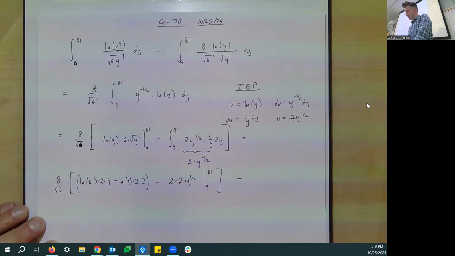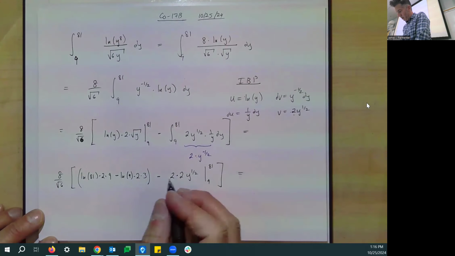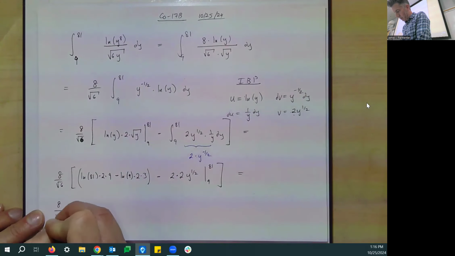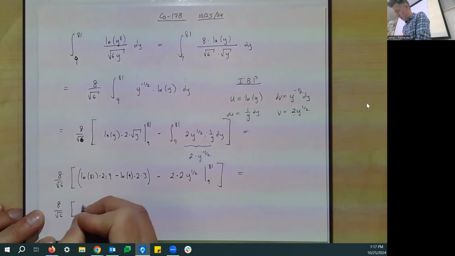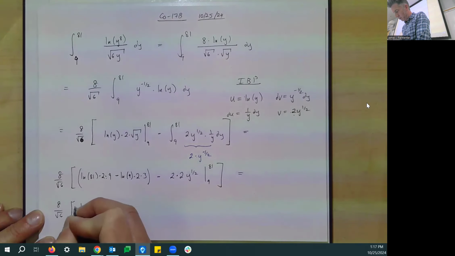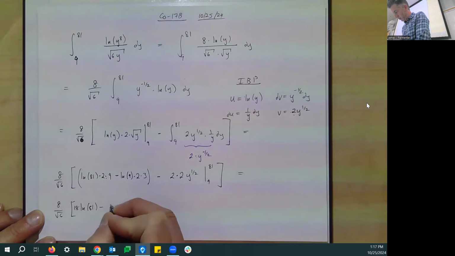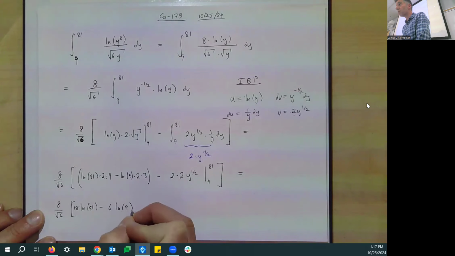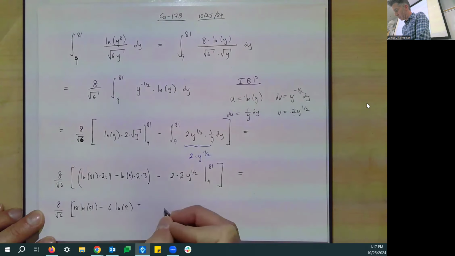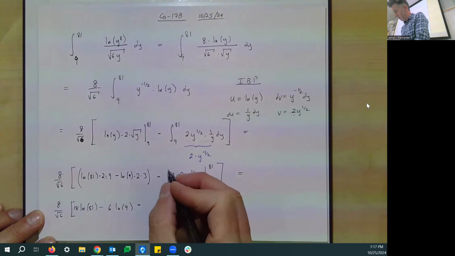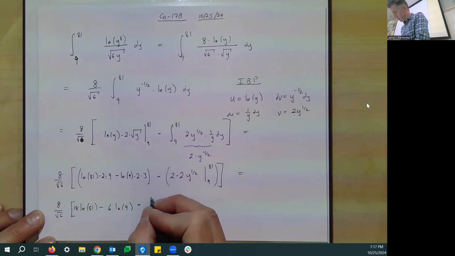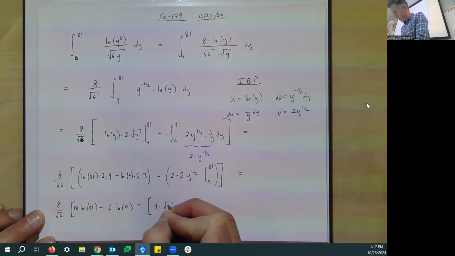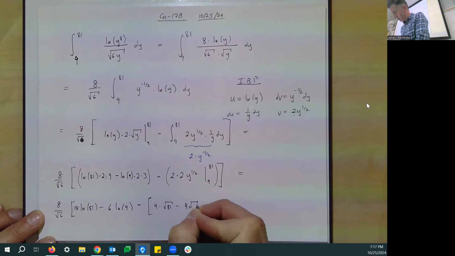Okay, this is not as terrible as it might have looked in the beginning. So we have 8 over root 6 times 18 natural log of 81 minus 6 natural log of 9 minus, so here we should be a little bit careful, minus, we'll plug in the 81 first and get 4 times the square root of 81 minus 4 times the square root of 9.